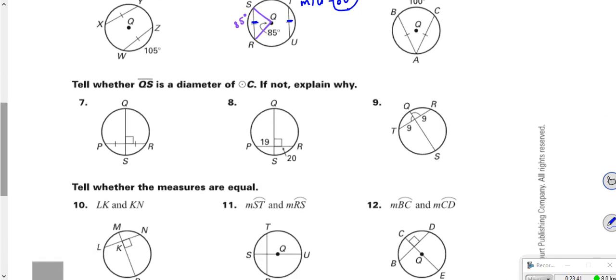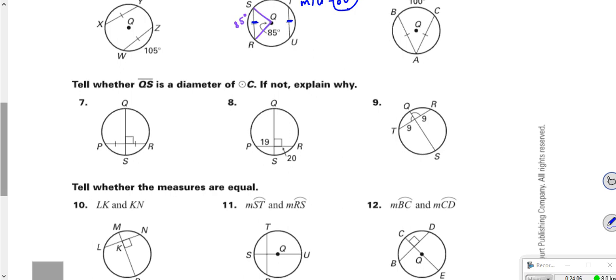Tell whether QS is a diameter of circle C. If not, explain why. This one, is it a diameter? Now, I want to remind you of the theorem here. If one chord is a perpendicular bisector of another chord, then the first chord is a diameter.